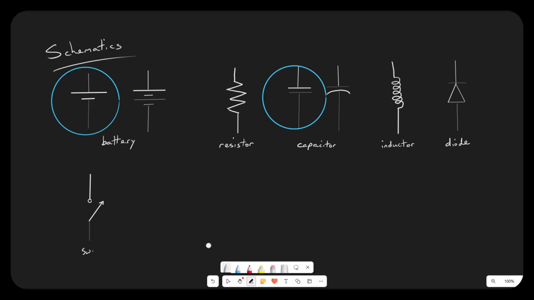This is a switch, so that it can be open like this or closed, and sometimes you'll see a fused switch, which does have a separate purpose.